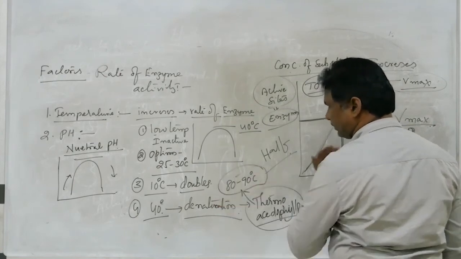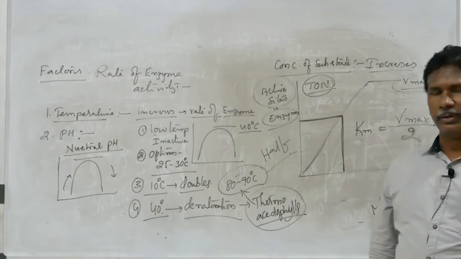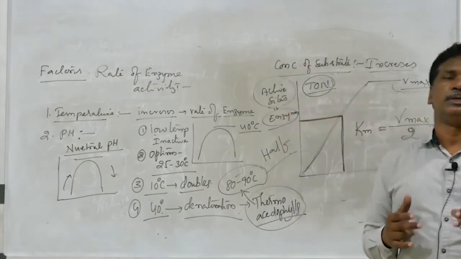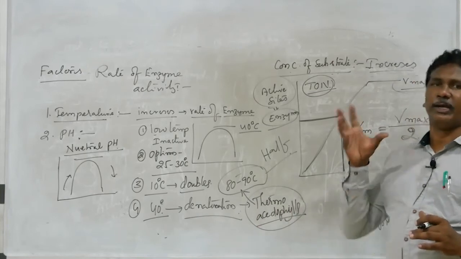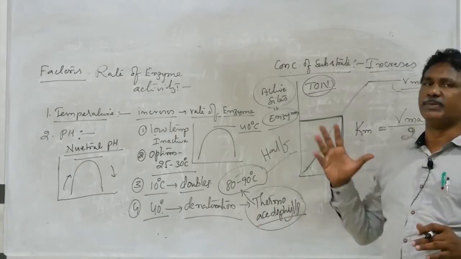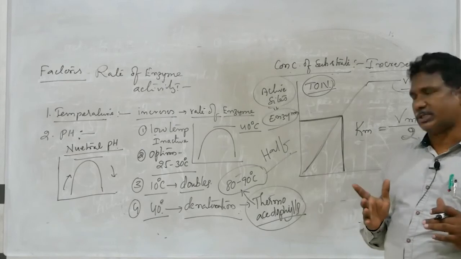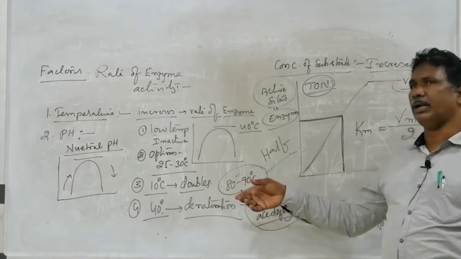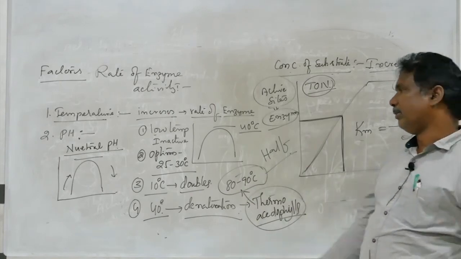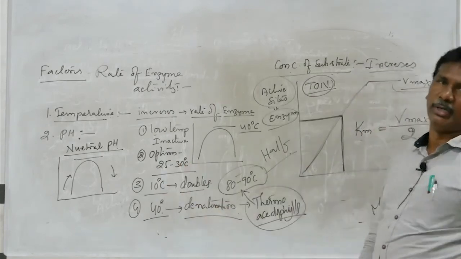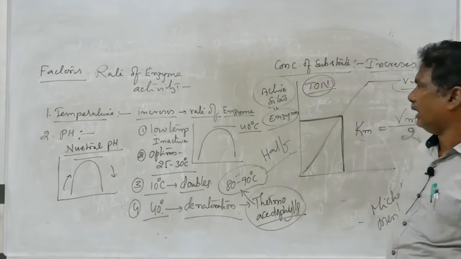That is an exception. Some of the bacteria which live in hot sulfur springs are called thermoacidophils. Their enzymes are highly thermal resistant, up to 80 to 90 degrees. The remaining enzymes undergo denaturation above 40 degrees.